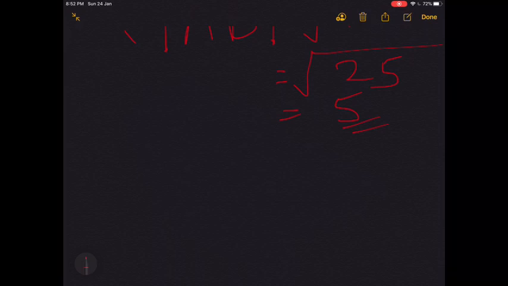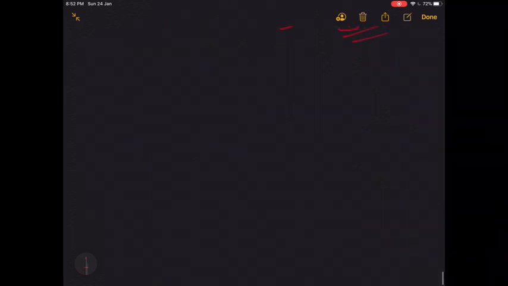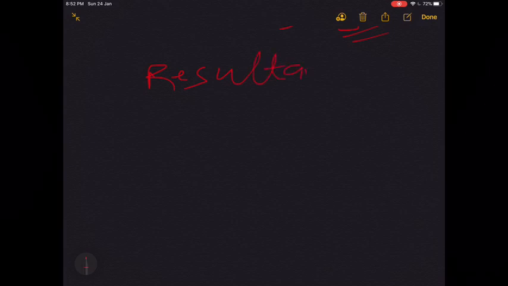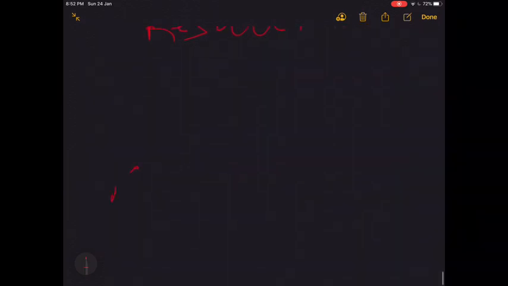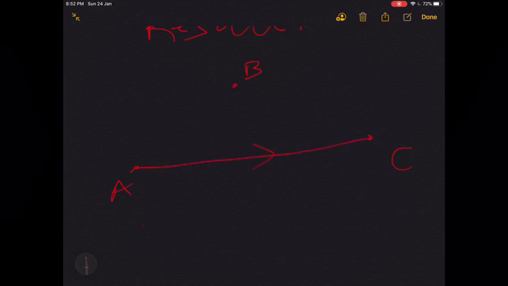Finally, we look at resultant vectors. Assuming you have 3 different towns, A, B, and C. You wanted to move from A to C, that would be our vector AC.